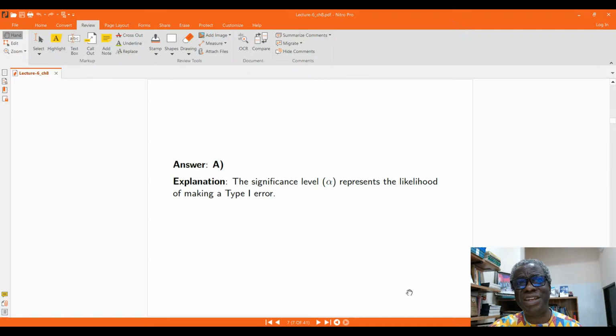And type 1 error is the error of rejecting the null hypothesis when it is correct.